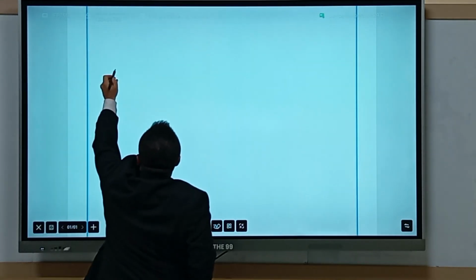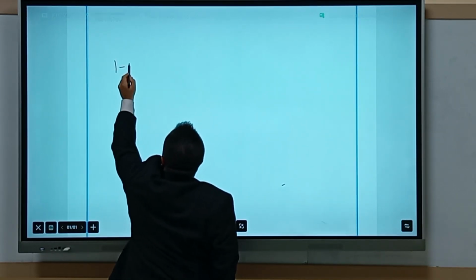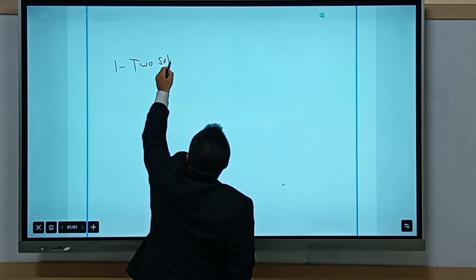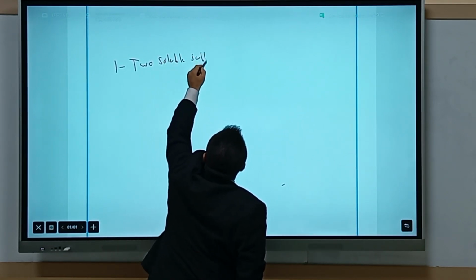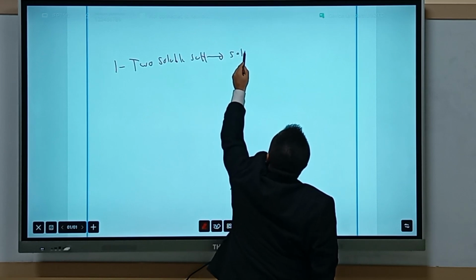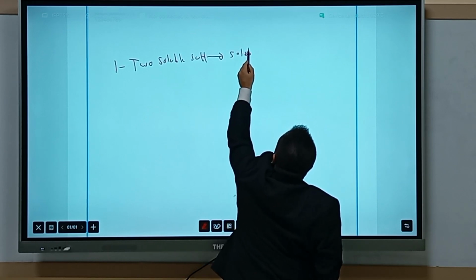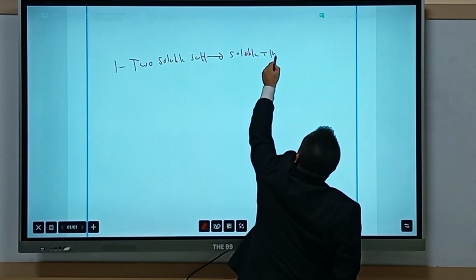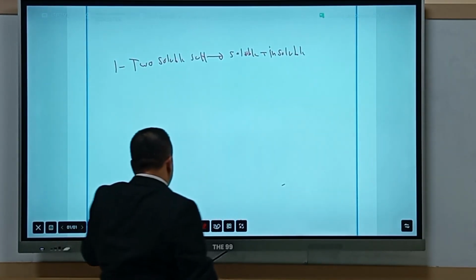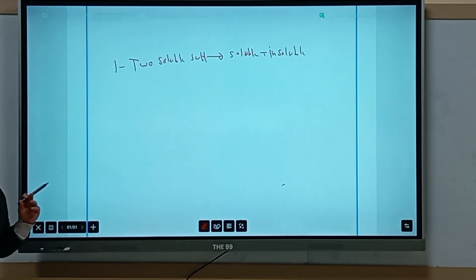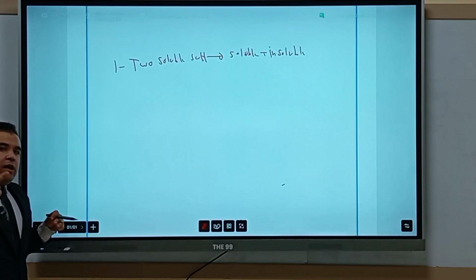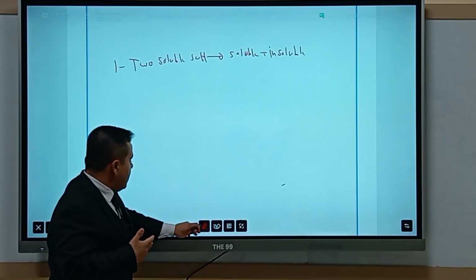The first type, guys, type 1: 2 soluble salts react to form a soluble one plus an insoluble one. This is the first type. Whenever the question is of this type, there should be an overall equation, a net equation, and spectator ions as well.